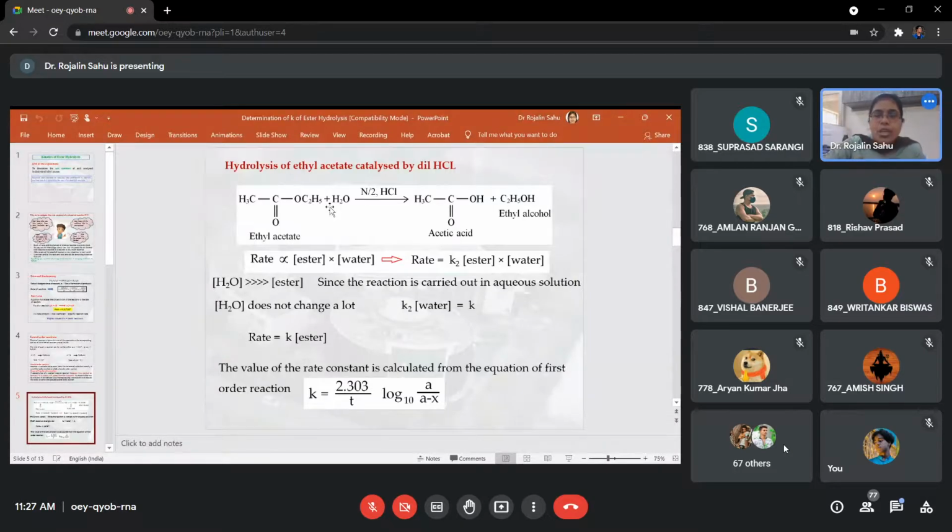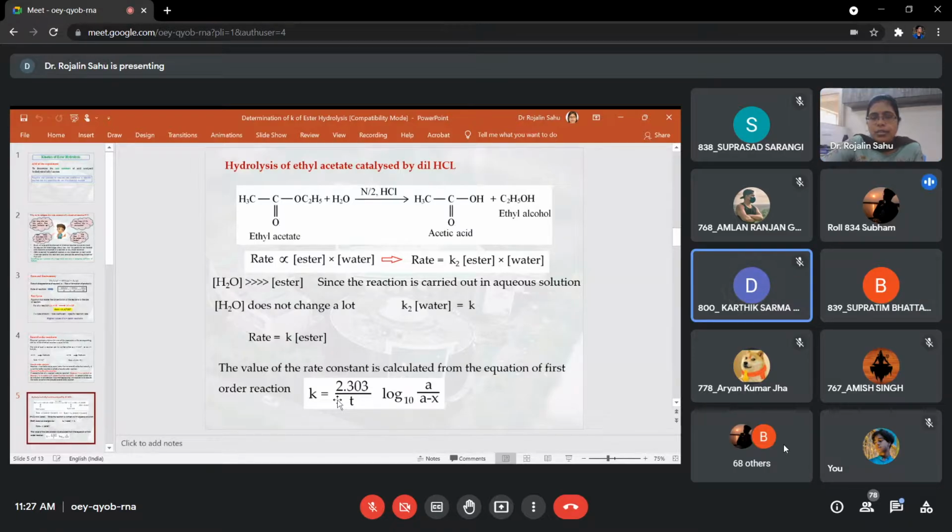So the rate constant for the first order reaction is K = 2.303/t log a/(a − x), where a is the initial concentration and (a − x) is the concentration at time t. Do you understand?